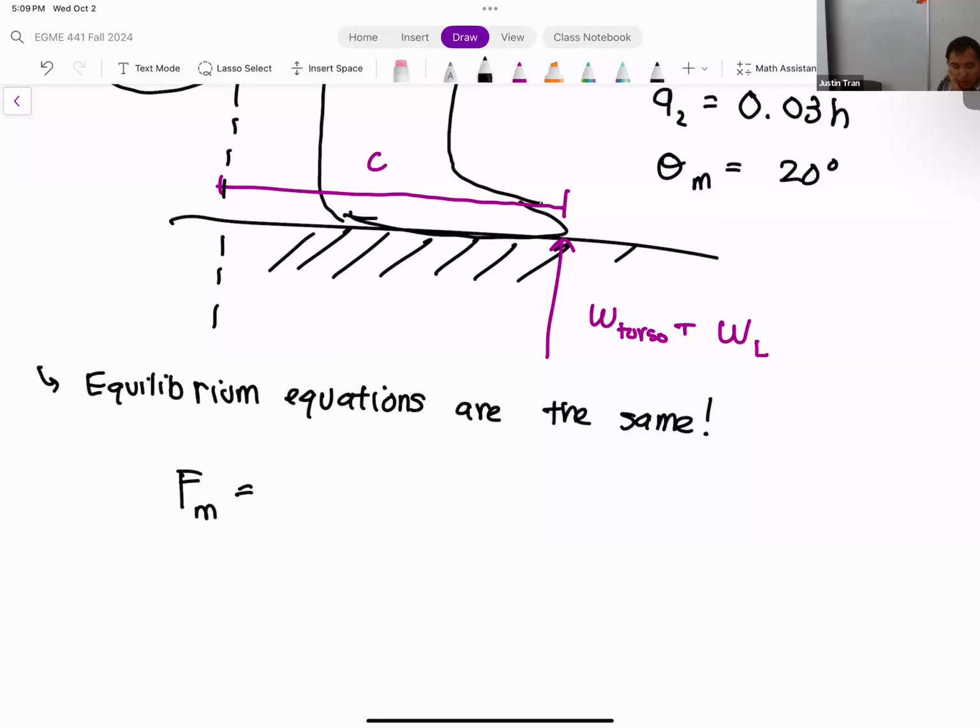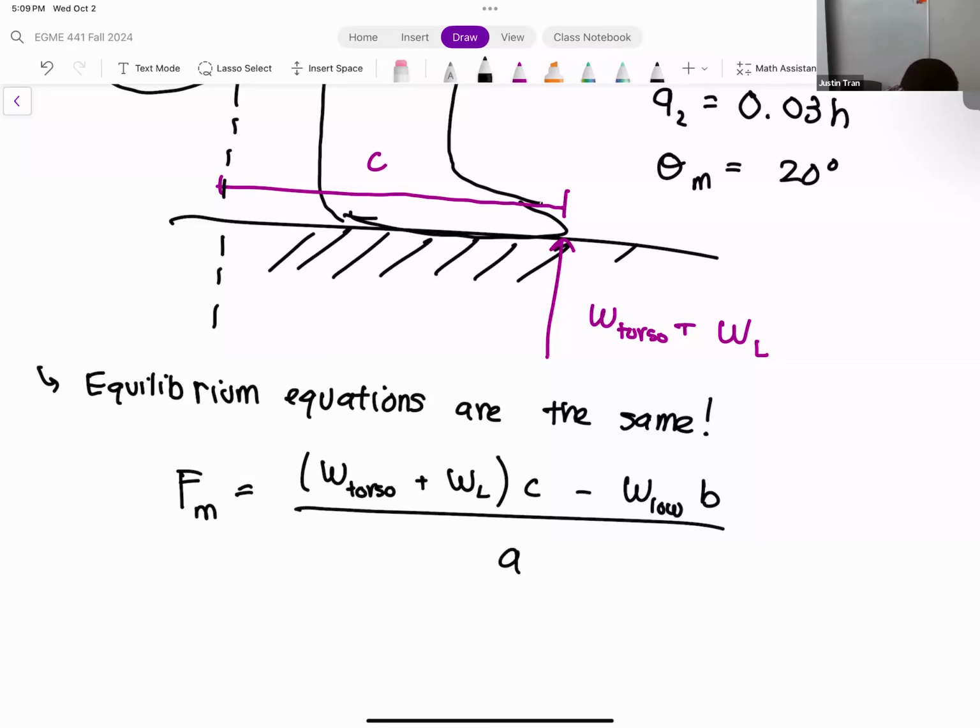We'll start with the muscle force, and we obtain it by summing the moments around the lumbar spine. The result is W torso plus WL multiplied by C, minus the weight of the lower extremity multiplied by B, all divided by A2.